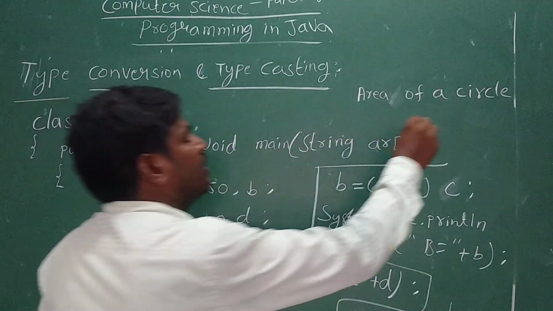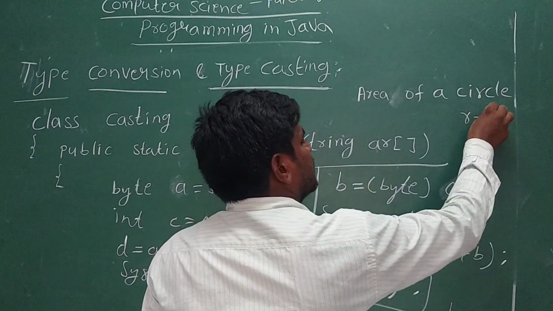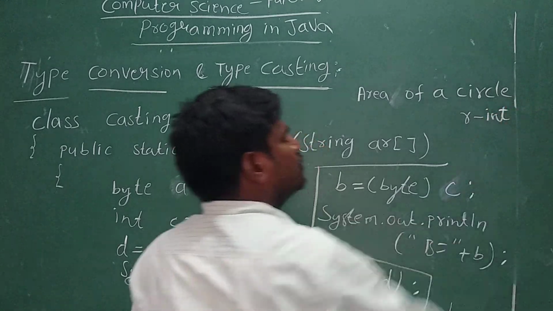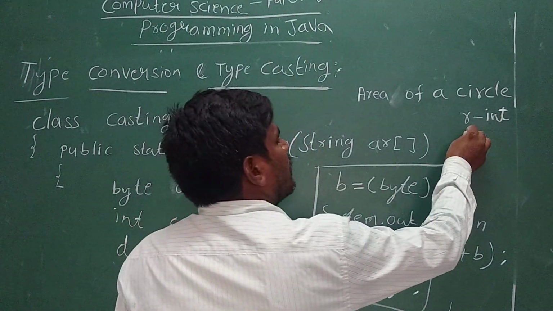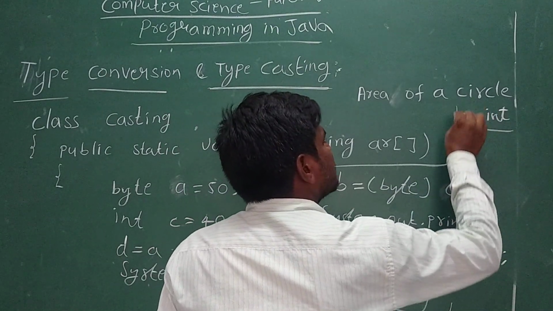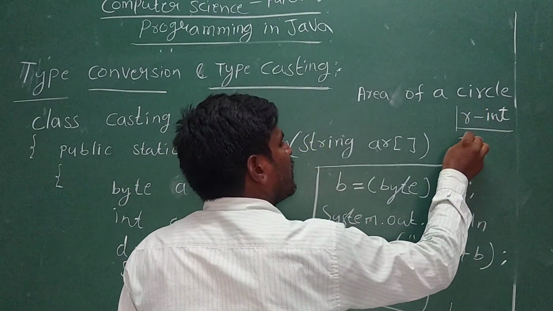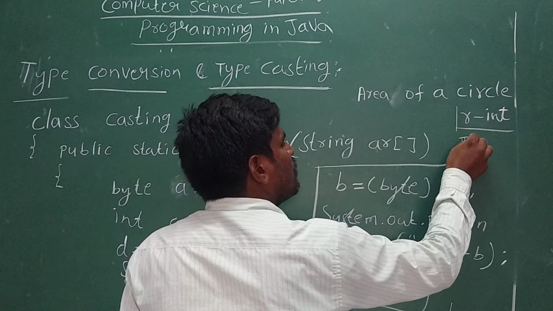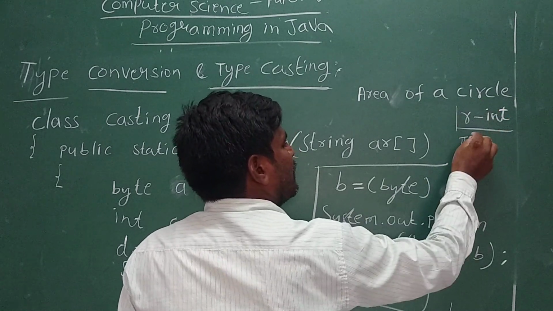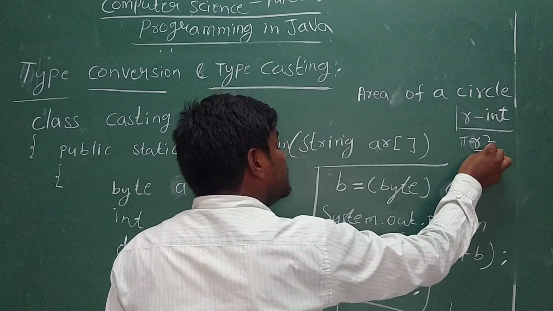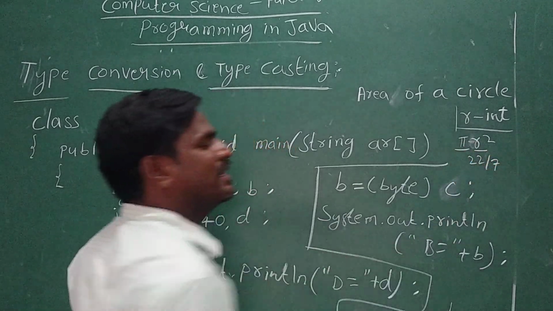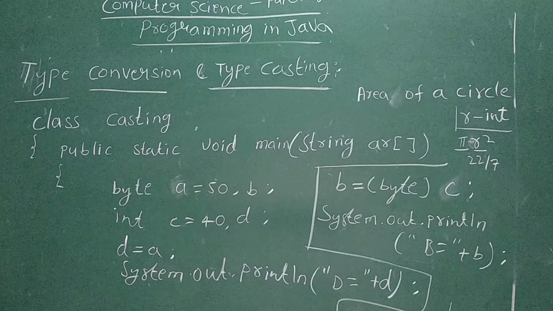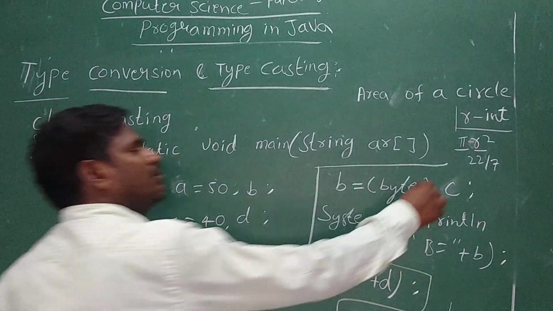Here assume that R is integer. Radius is integer. Generally, what is the formula? Area is equal to pi R square. Here see, R is integer, but pi is always float because it is 22/7.